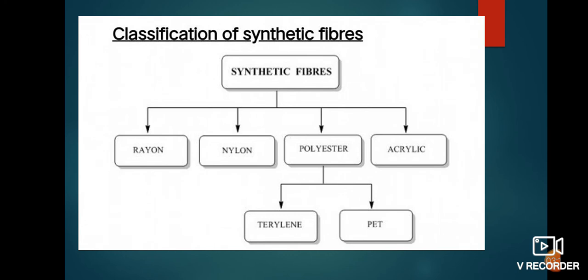This synthetic fiber is formulated by joining together a chain of small units, which are actually chemical substances, to form a large unit called a polymer. The term polymer is derived from two Greek words, poly meaning many and mer meaning units. Therefore, polymer refers to a combination of repeating units.